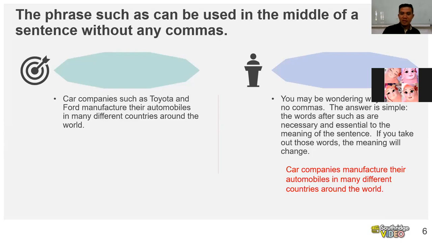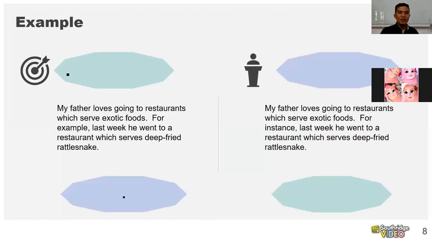For example, car companies manufacture their automobiles in many different countries around the world. When you drop the items, it means that all the car companies in the world manufacture their automobiles in many different countries, but actually not. So it's not correct.